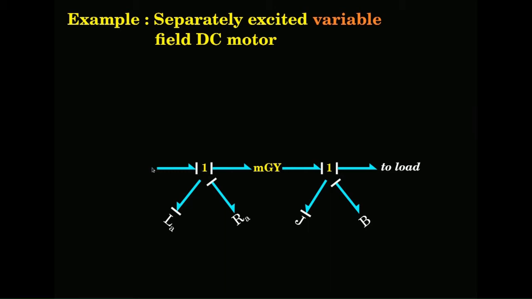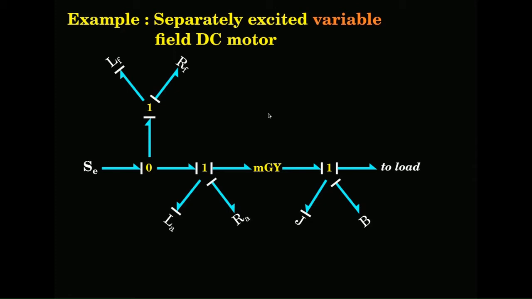Now, I will introduce a 0 here, and before the 0 I will put the source VA. And at this 0 junction I am picking off something, and I am going to put a 1 junction there, LF, RF.